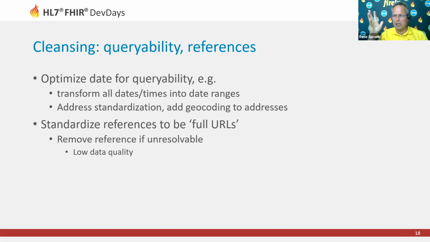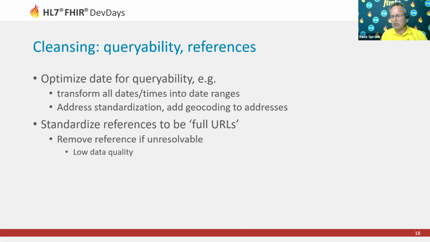Or another example is address standardization. For example, by default, add geocoding to all addresses. So whatever resources you have, if there is an address in there, we're going to enrich that with geocodes. And obviously that again allows you to do more geographical research on the data.